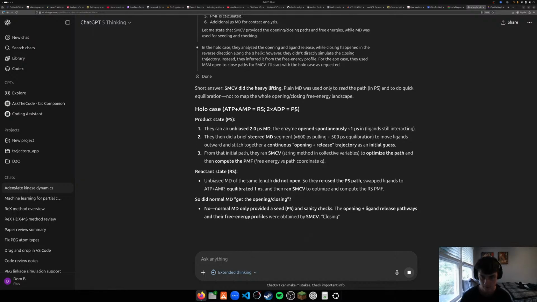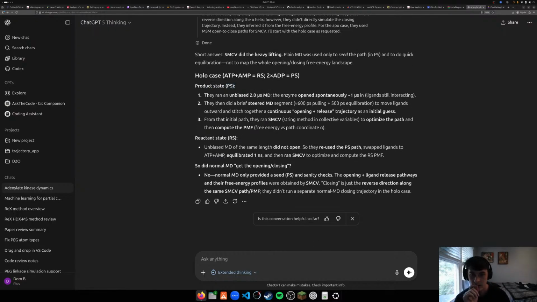Holo case. So product state, they ran unbiased 2 microsecond MD. The enzyme opened spontaneously at 1 microsecond. Ligand still interacting. They did a brief steered MD segment to move the ligands outward and stitch together a continuous opening plus release as an initial path. From the initial path, they ran SMCV to optimize the path and then compute the PMF. Nice. Okay, that makes sense.